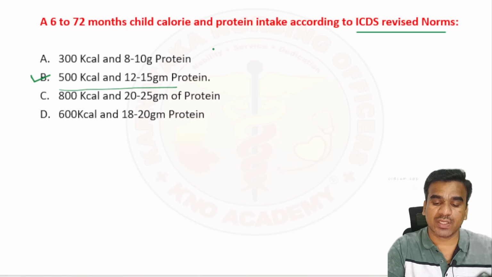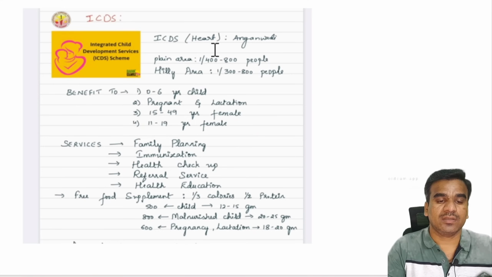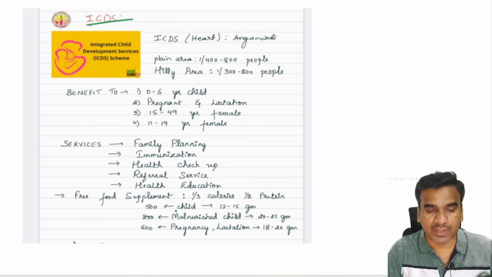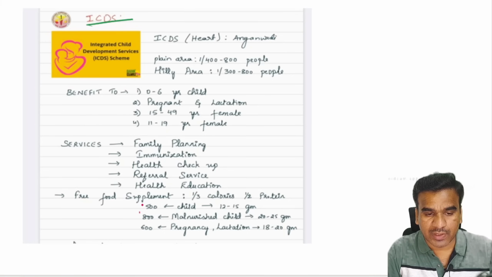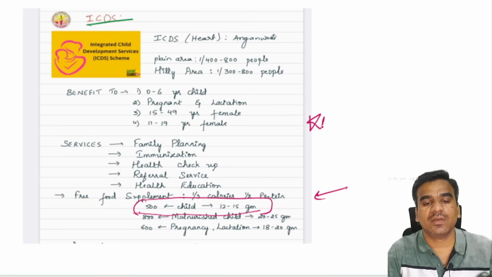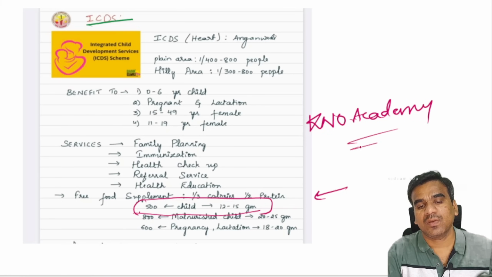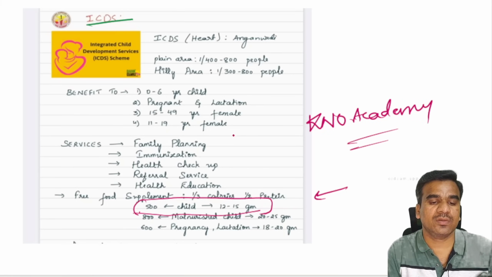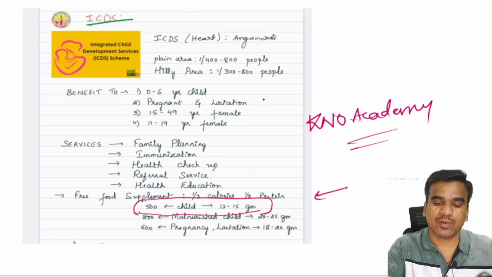Same thing we have explained in these notes. Here we can see option C, 500 and 12 to 15 gram of protein. These notes I have shared in the KNO Academy WhatsApp groups, and this class is also done in the KNO Academy app. Same thing we have explained.